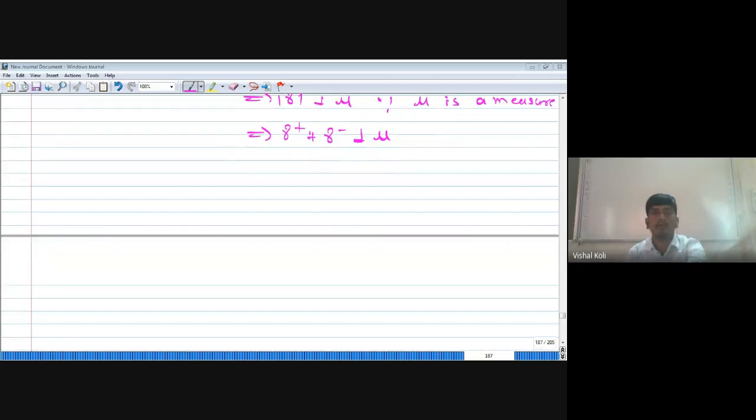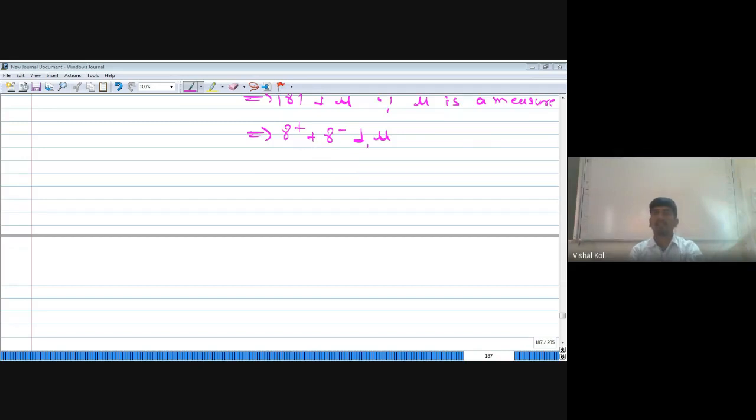Okay, now we have to use the definition of mutually singular measures. If we have two measures gamma 1 and gamma 2, then they are said to be mutually singular if there exist disjoint measurable sets A and B, such that A union B equal to X and gamma 1 of A equal to gamma 2 of B equal to 0.